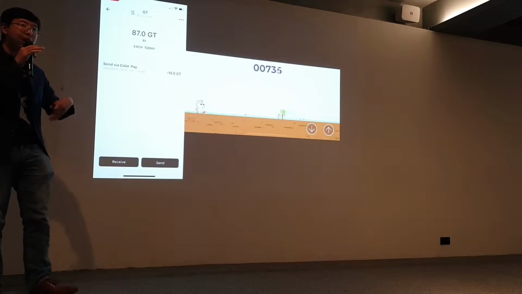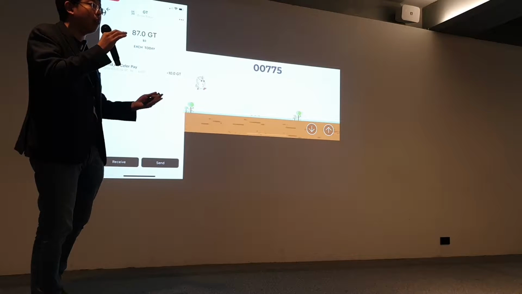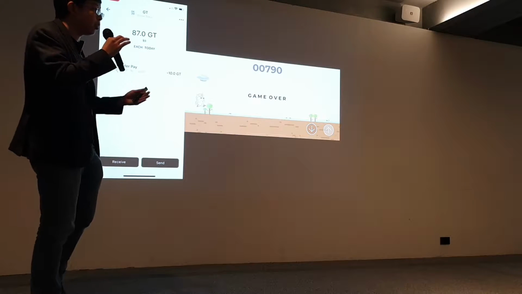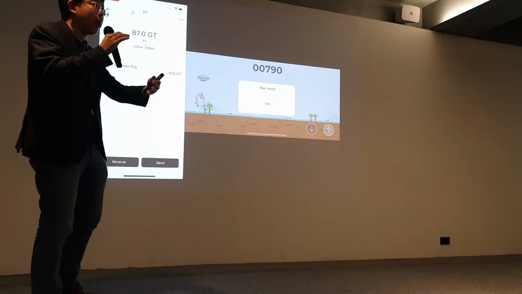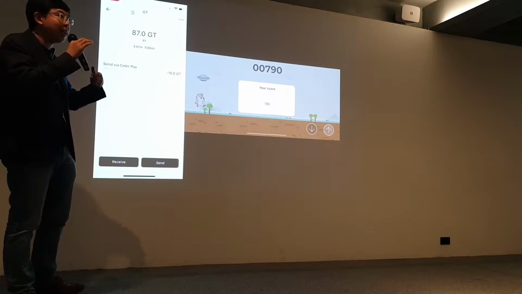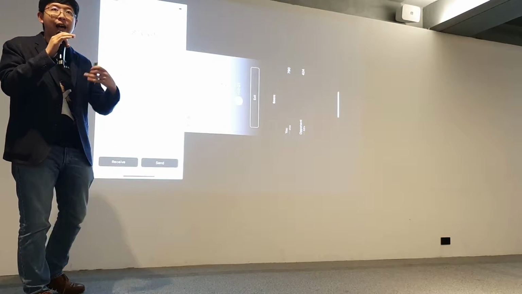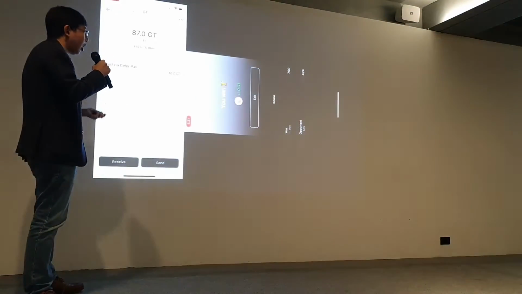You can run a Celer full node yourself and join the Celer network, so your users are routing their conditional payments through you. In that process, you're directly generating revenue just by having real transactions on top of the Celer network.